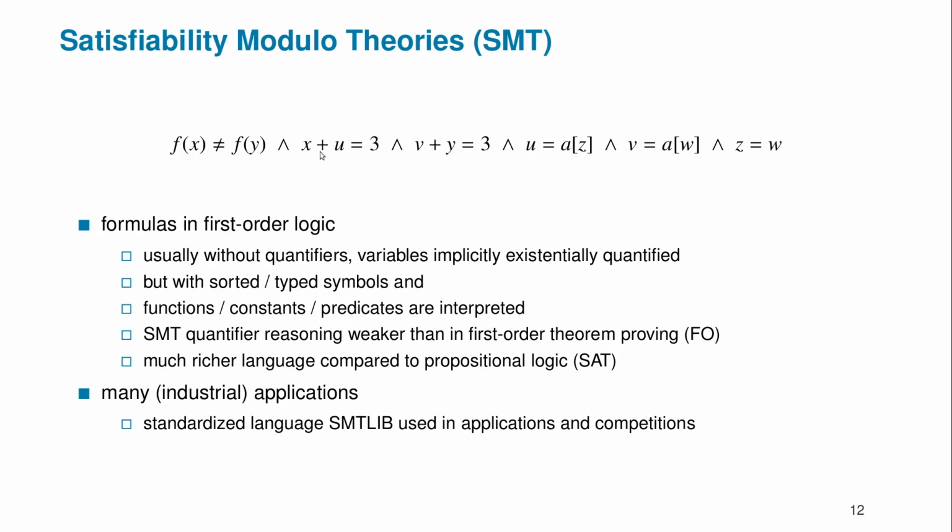And the constant 3 here is an example of an interpreted constant symbol. And this gives us a much richer language than we have in propositional logic and makes the reasoning much easier than it would be in first order logic.